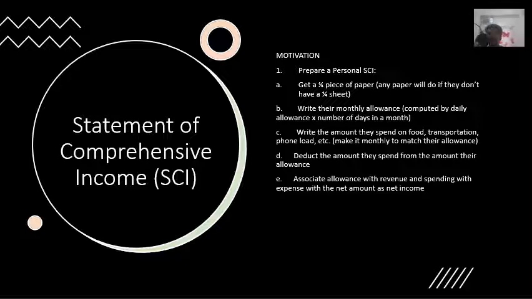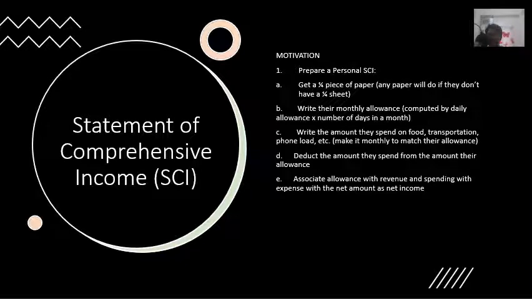On a piece of paper, you have to write your monthly allowance, the amount that is given to you for the entire month. So for example, you are given 100 pesos a week. So 100 times 4, that's 400. Consider it as your revenue or income.